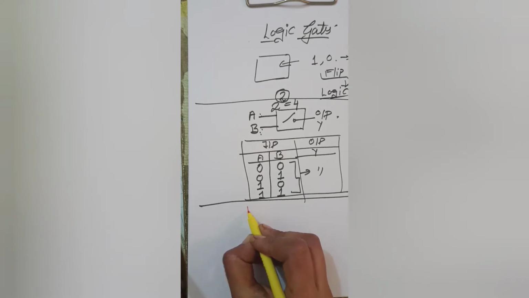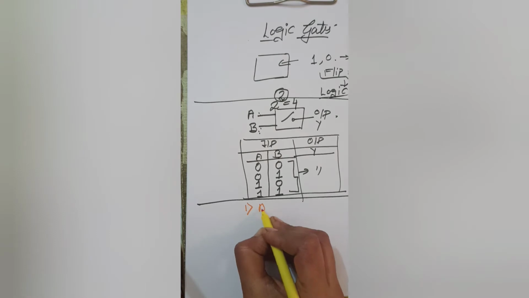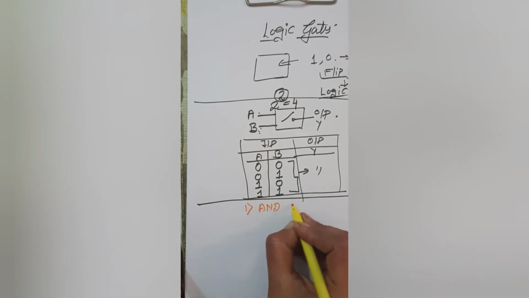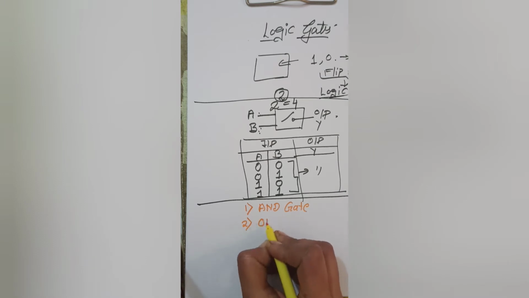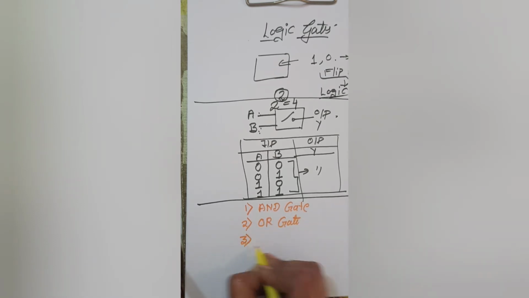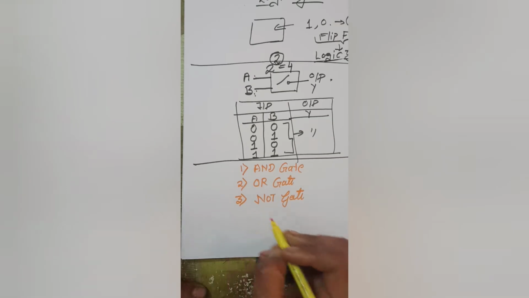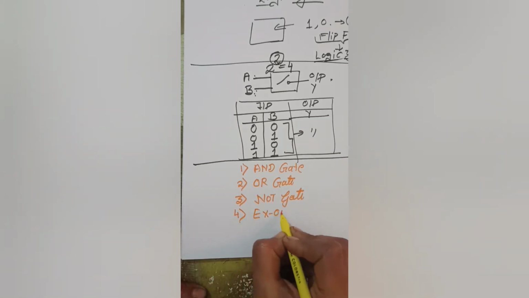Very first I am going to tell you how many gates we have. We have AND gate. Second is OR gate. Third is NOT gate. The fourth is exclusive OR gate.